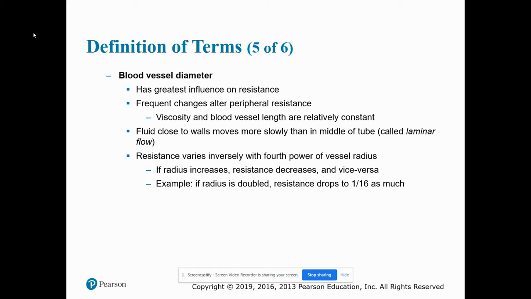If the lumen gets smaller, then resistance goes up. Because it's to the fourth power, if the radius increases, resistance decreases by a lot. For example, if the radius is doubled, the resistance drops to 1/16 as much.